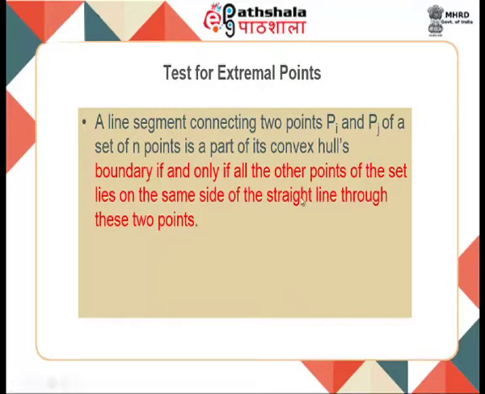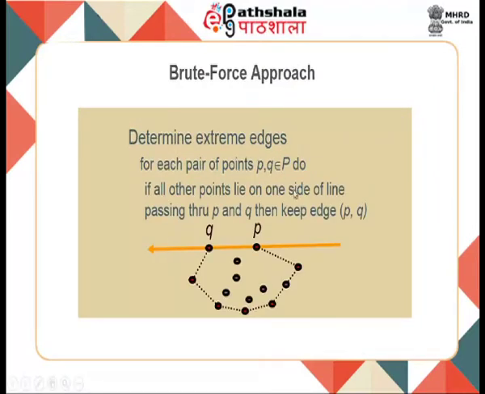And if there is any point that lies on both sides, then we can come to the conclusion that P i and P j are not going to be the extremal points. We try to apply this logic for all the points.